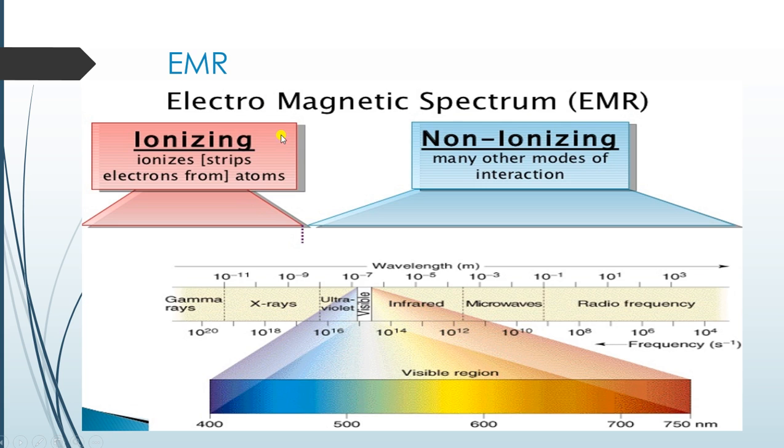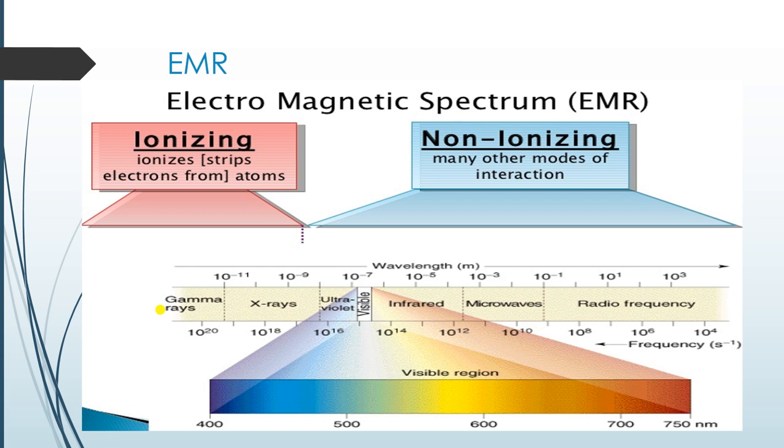If you can see this EMR, now comes the electromagnetic spectrum, which is a part of electromagnetic radiation, where you can see six points: G, X, U, I, M, R. These are the six classifications of the electromagnetic spectrum, out of which the first two are ionizing species, where ionization takes place, while the remaining four are non-ionizing, meaning no ionization takes place.